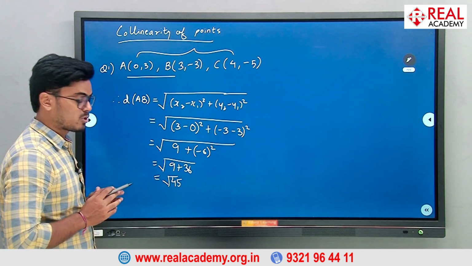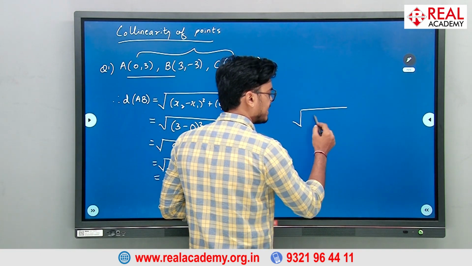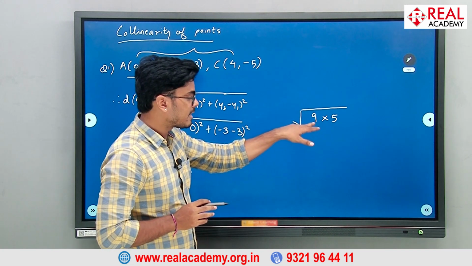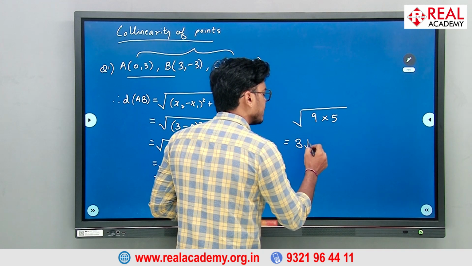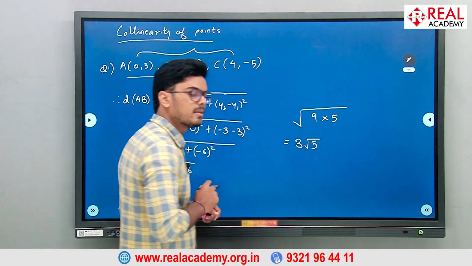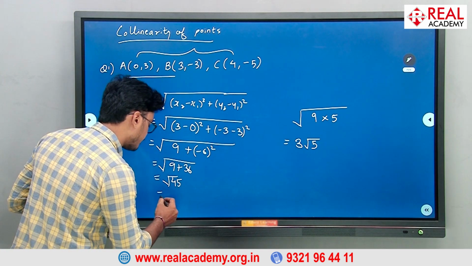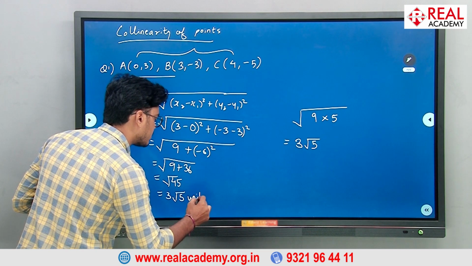Now square root of 45 can be simplified as 9 into 5. 45 is 9 into 5, right? And square root of 9 can be taken outside as 3 root 5. So root 45 can be written as 3 root 5 units.